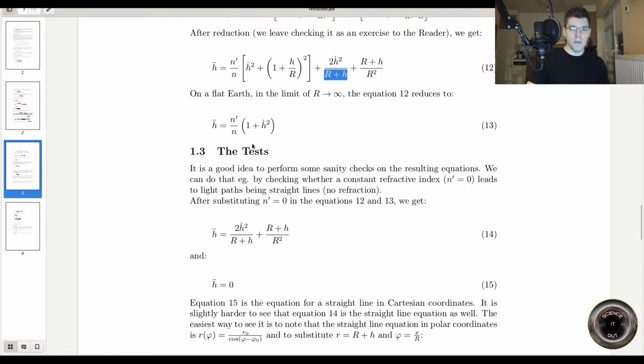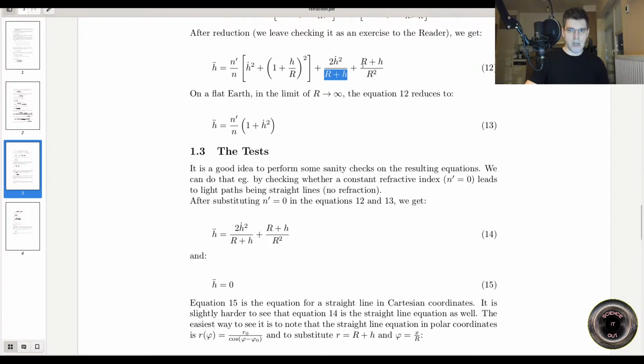Anyway, what I called the tests is basically some sanity checks. So checking if some known solutions are actually solutions to those equations. The first check is whether a straight line is actually a solution for when n prime is 0. Because when n prime is 0, it means that the index of refraction of the medium doesn't change with altitude, which means we are in a uniform medium, which means that the paths of light should be straight.